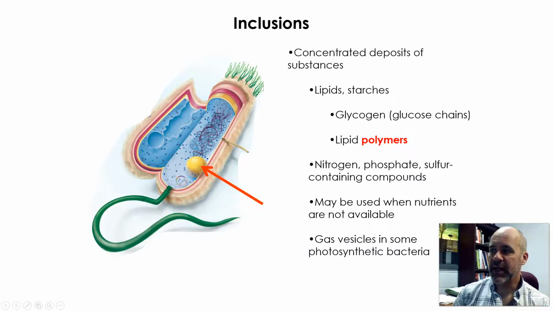Interestingly, some photosynthetic bacteria will store gases in here. If you think about it, photo refers to light. You need sunlight as your energy source. And so if you're in the water, you need to be floating up near the surface where you have more access to sunlight. So the gas vesicles in some photosynthetic bacteria appear to act like little flotation devices, believe it or not.